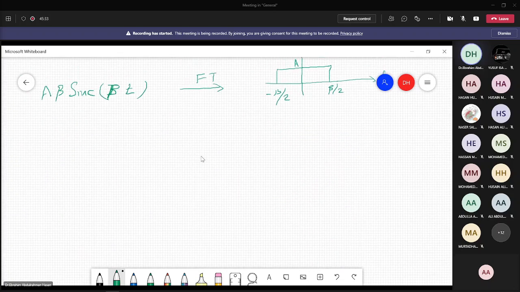Okay, another example. x of t equal to 1 over 1 plus jt.